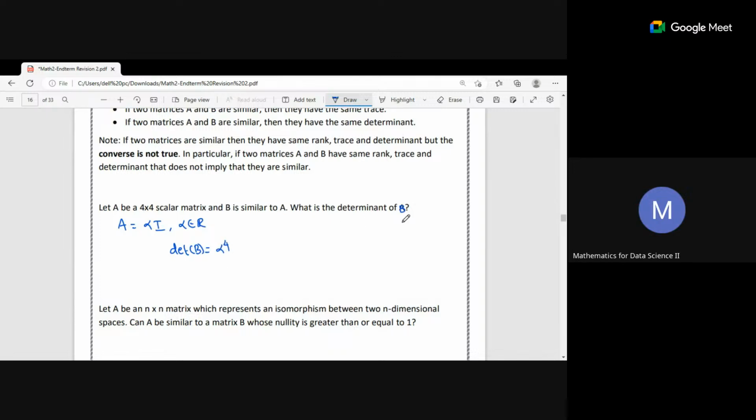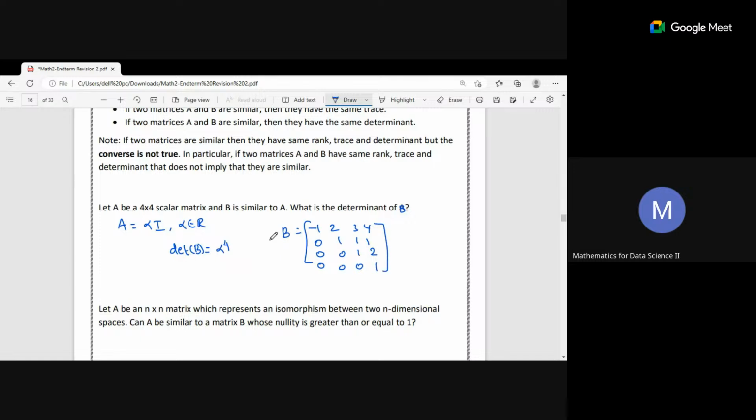Can the determinant of B be negative here? No, ma'am. Suppose I give a matrix like this, maybe something like -1 2 3, 4 0 1, 1 1 0 0 0, 1 2 0 0 0 1.